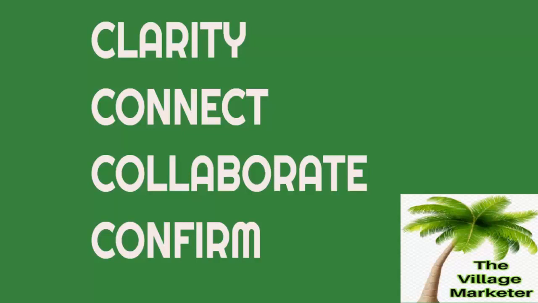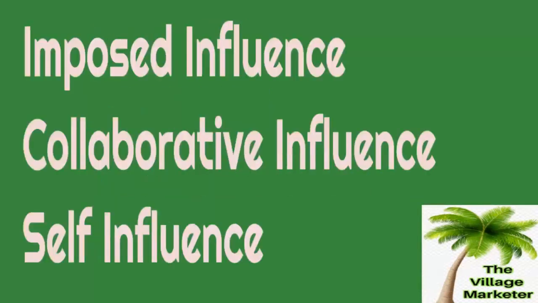Now notice that we do not mention the word sales anywhere, right? Because this permission-based and prospect-focused process is all aimed at empowering the prospect to make the best buying decision for themselves. And underlying these 4 steps, where you are building interest and the buying energy of your prospect, there are 3 levels of influence at play.